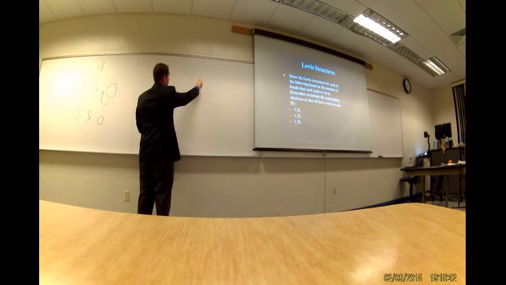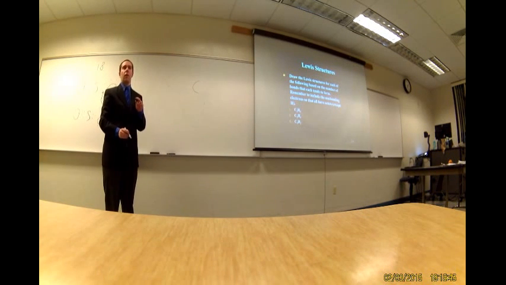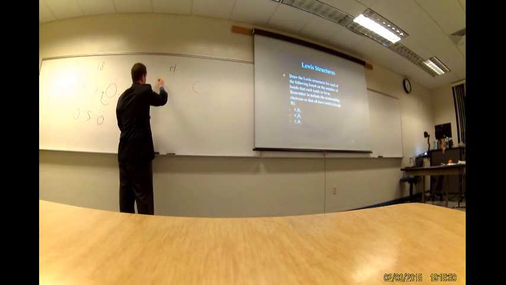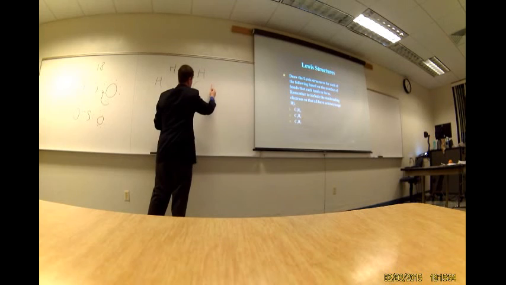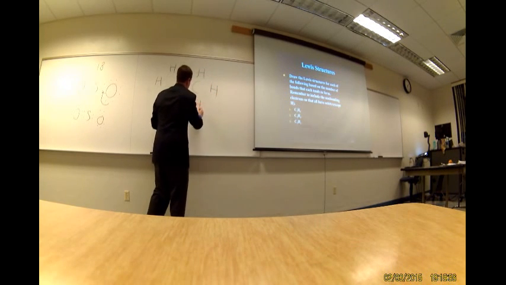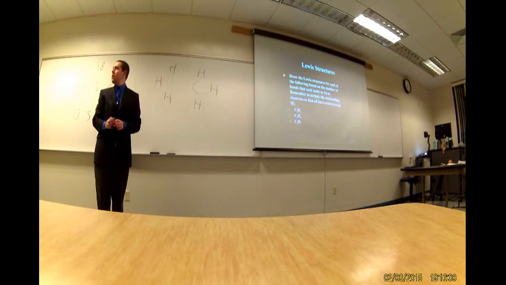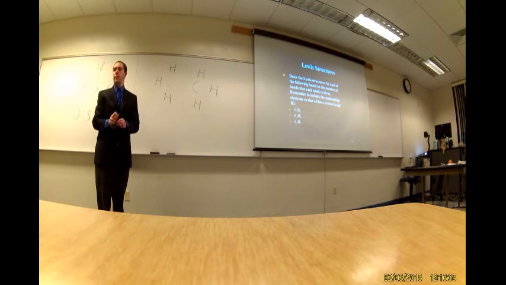I'm going to tell you, you have C, C, and then there are 6 hydrogens. Where do you think they go? Around, 3 on each one. How many electrons do I have? 6 plus 8, so 14.